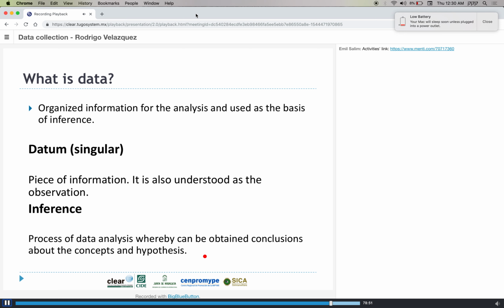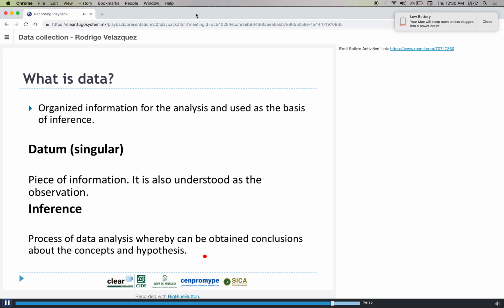And we also said that data is important for inference. So we're going to briefly see this. Inference is a process of data analysis whereby we can obtain conclusions concerning concepts and hypotheses.